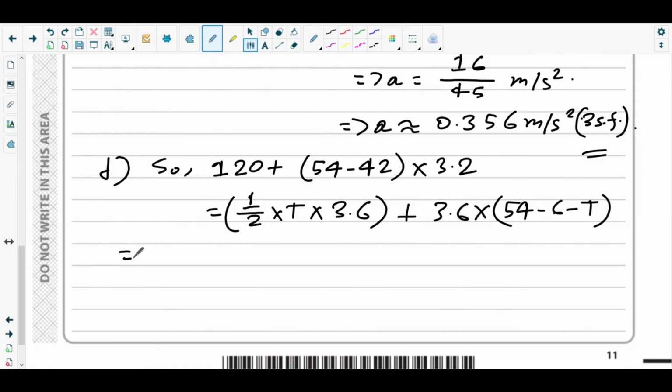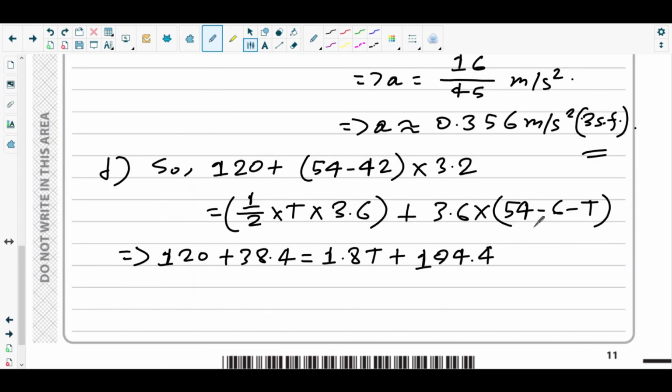That's it. Now just solve this equation. 54 minus 42 is 12. 12 times 3.2 is 38.4. So 38.4 equals 3.6 times half, that is 1.8t, plus 3.6 times 54, that is 194.4.